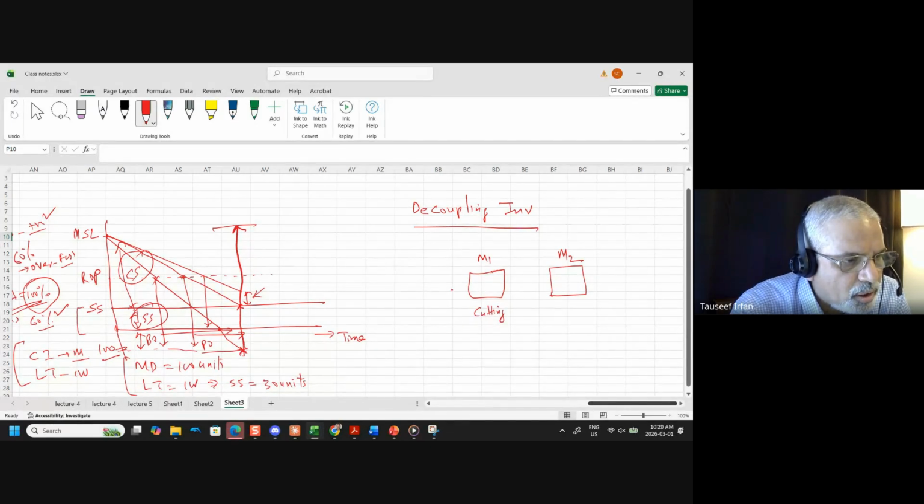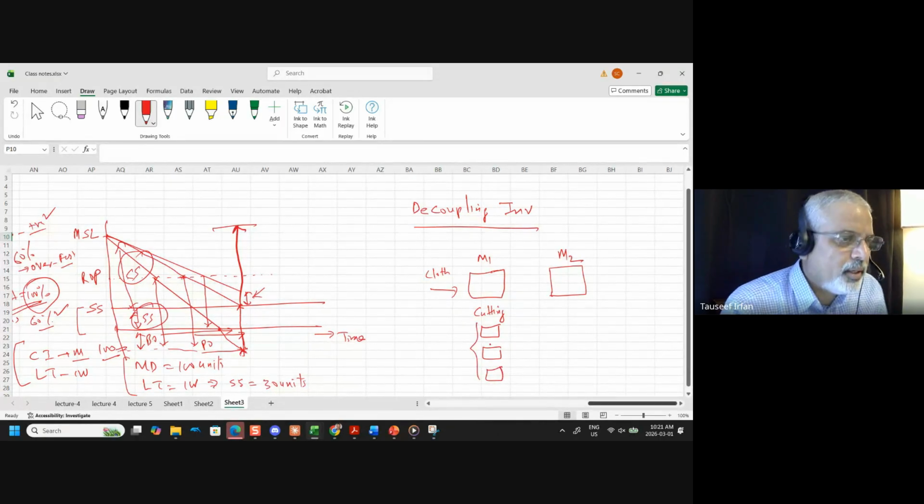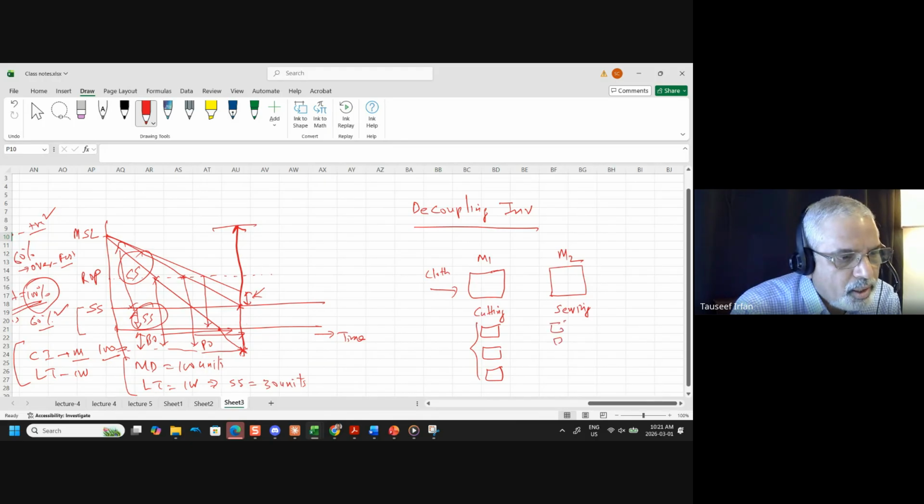It takes the cloth and cuts it into the pieces, whatever pieces you have decided. Agree, Shadrujaman? So that's the cutting machine. Then this is, let's say, the sewing machine. It takes the cloth and puts it together into whatever shirt or whatever. Okay, let's simplify it.